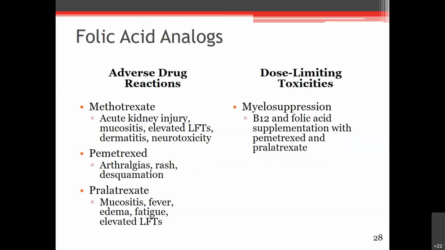With pemetrexed, we can see arthralgias, rash. Pralatrexate, again, has some pretty similar side effects. And then for all of these medications, the dose-limiting toxicity is myelosuppression. And as we talked about with pemetrexed and pralatrexate, the B12 and folic acid supplementation can help to minimize the severity of that.